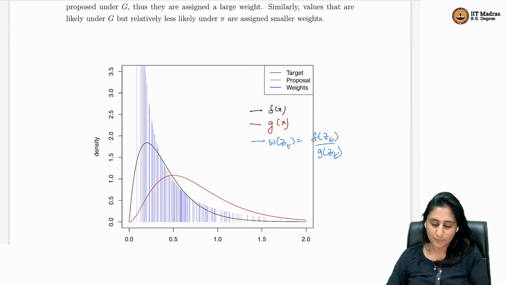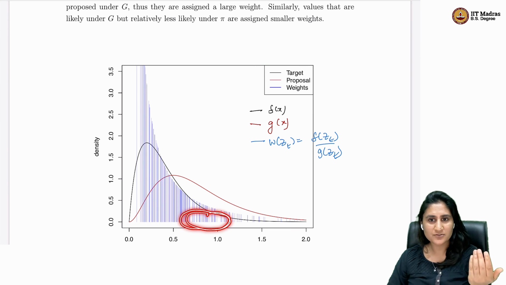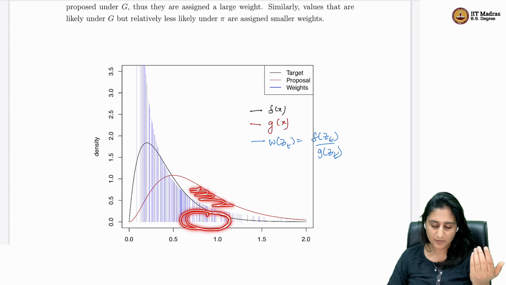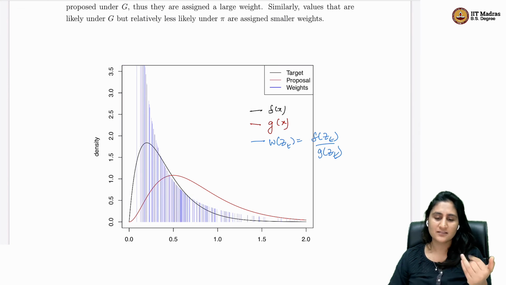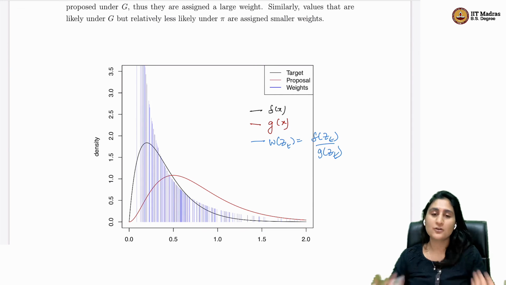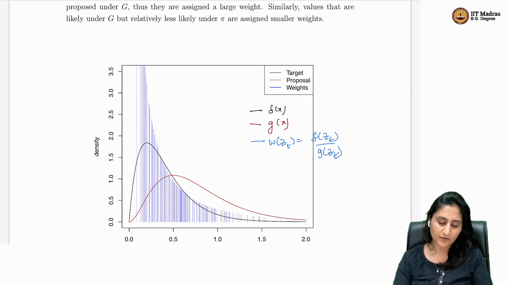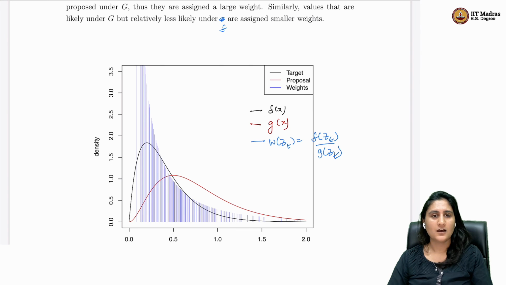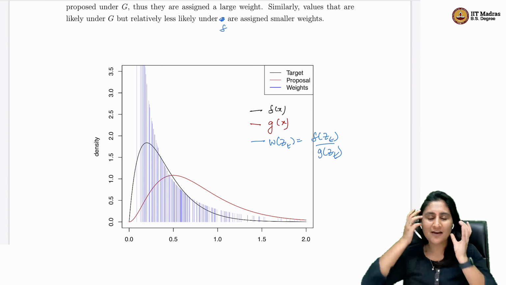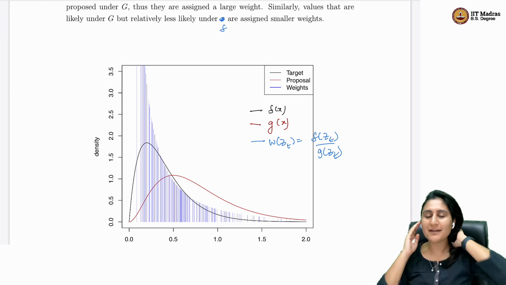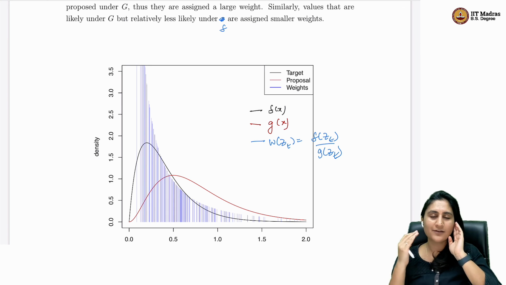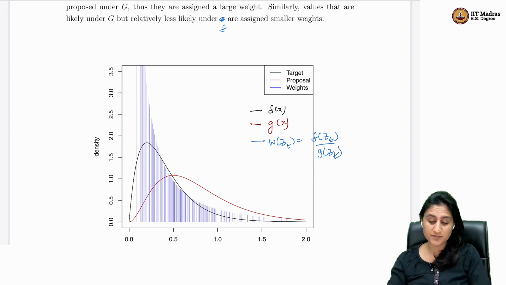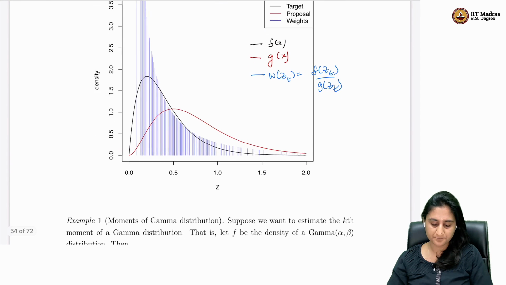And when I generate values here, which are really good values under the proposal but not such great values under my target, I don't want to give them a lot of weight. And that is the idea behind importance sampling: it's a weighted average of the H's, with weights depending on how likely the values themselves are under the two different distributions being contrasted.